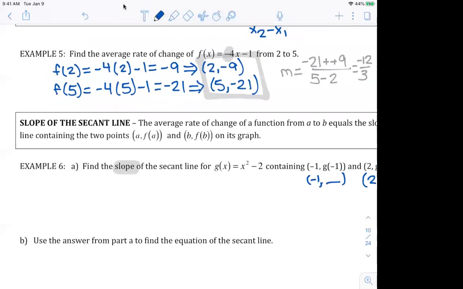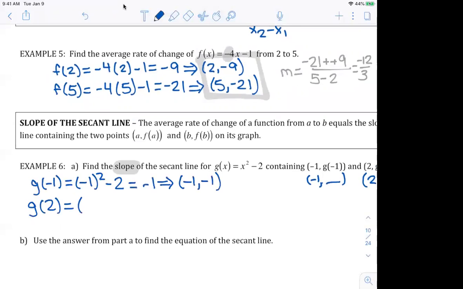That should not be hard. Plug in -1 for x to find the y. That's going to give me a -1, which means I have the point -1, -1. Then I'm going to plug in the other point, which is a +2. So I've got 2 squared minus 2, which gets me a 2. So my other point is going to be 2 comma 2.